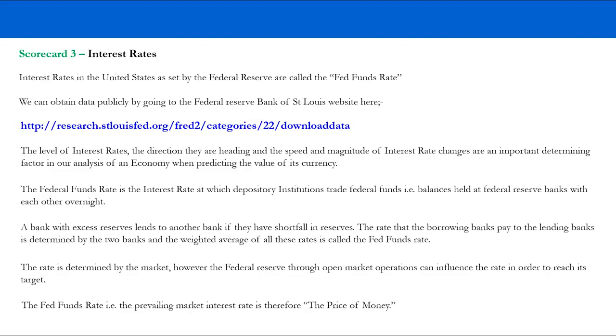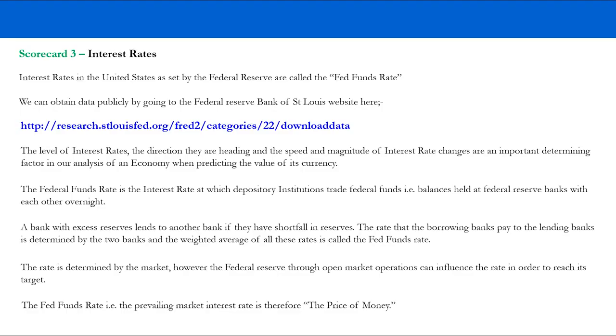They are actually set by a market, and the market clearing rate is basically the level at which the central bank, and in this case the Federal Reserve, targets or sets interest rates.